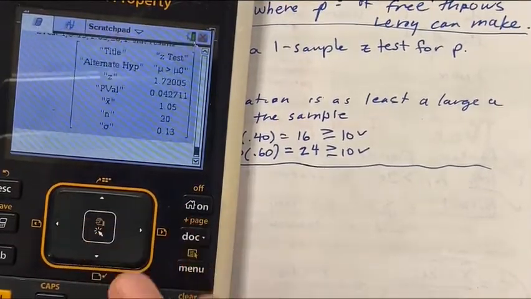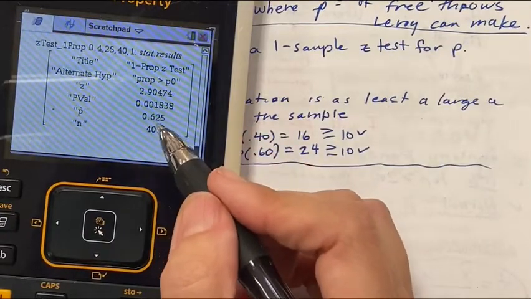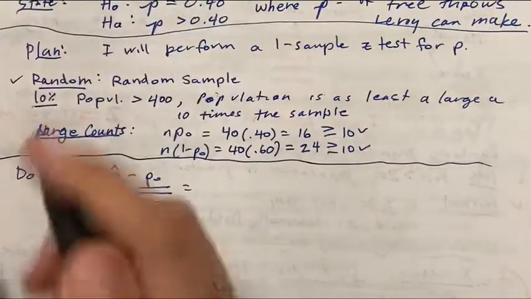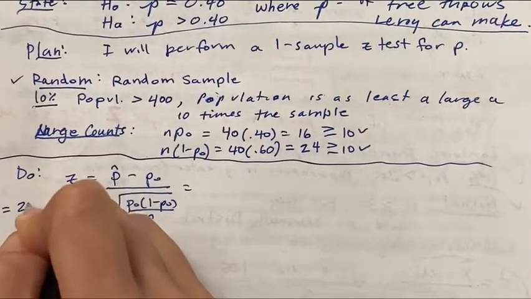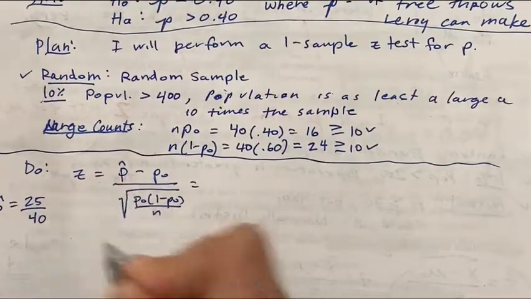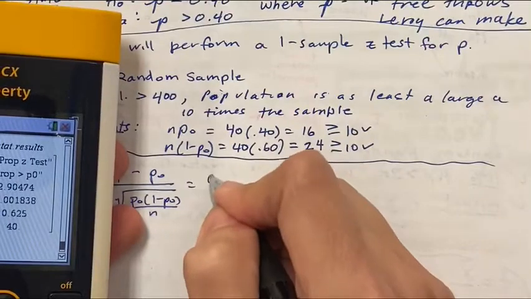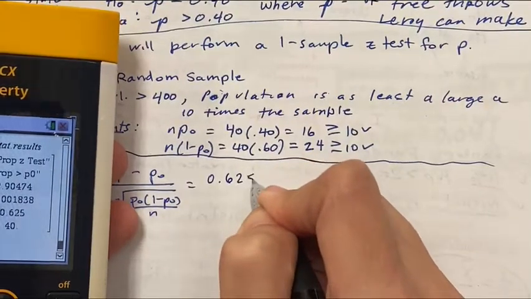Okay, so let's hit enter, and I get my Z, my P hat, and everything. Okay, so what is P hat? P hat's merely his sample. So he made 25 out of 40. So that's what the P hat is. It's this ratio, this decimal, 0.625.